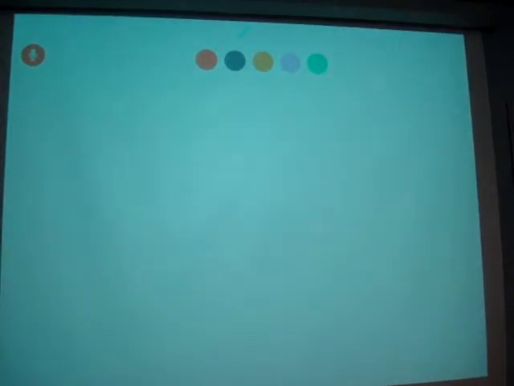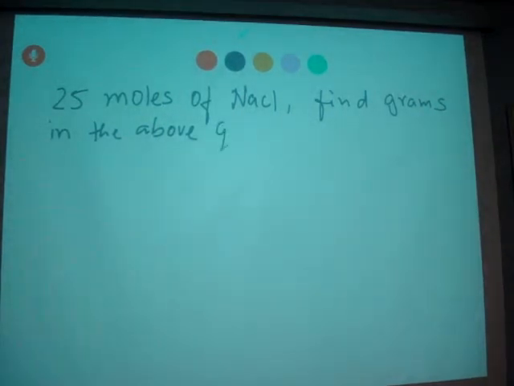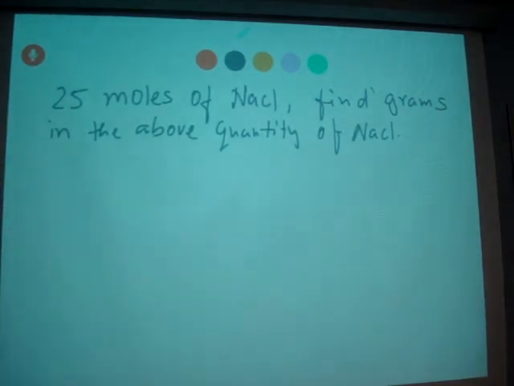If we have 25 moles of NaCl and we need to find grams in the above quantity of NaCl, or we can say find mass in grams.